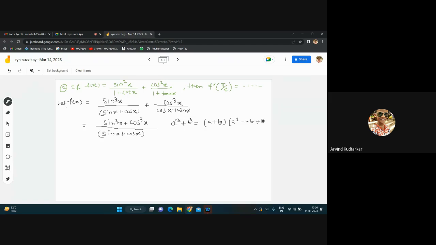So the same here: sin cube x plus cos cube x.